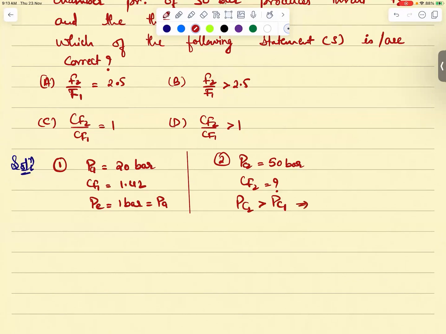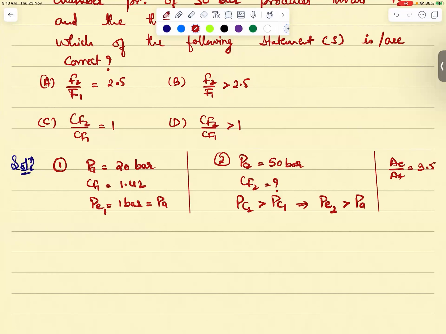So this would imply the exit plane pressure will become greater than the ambient pressure. And the exit area to throat area is given as some fixed quantity, so they are not changing the geometry.